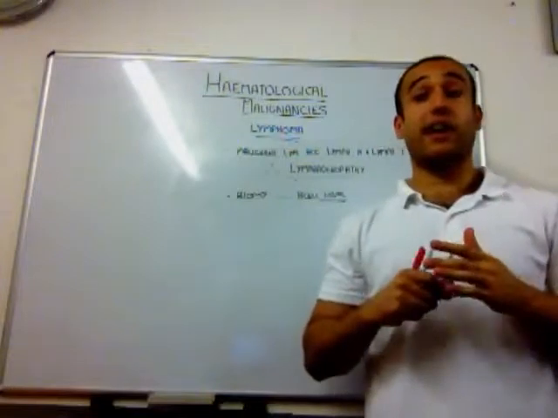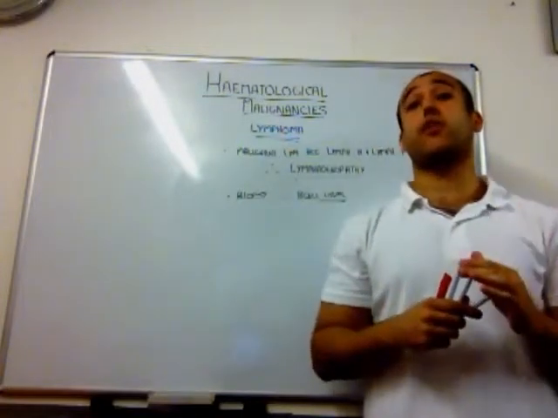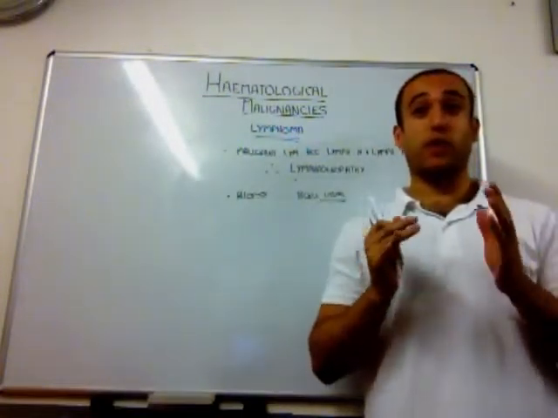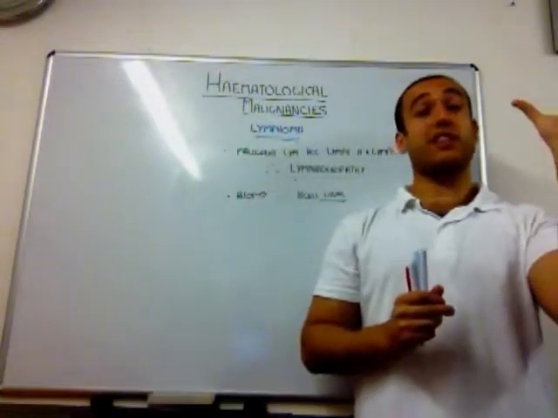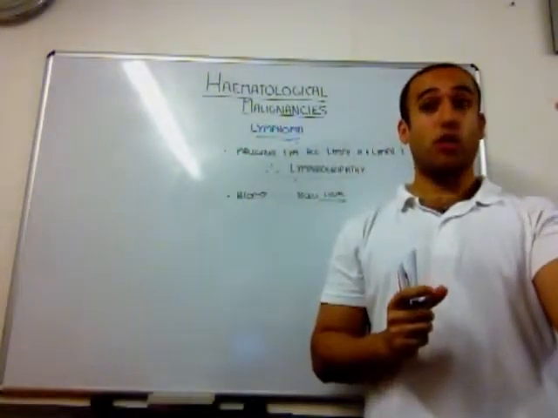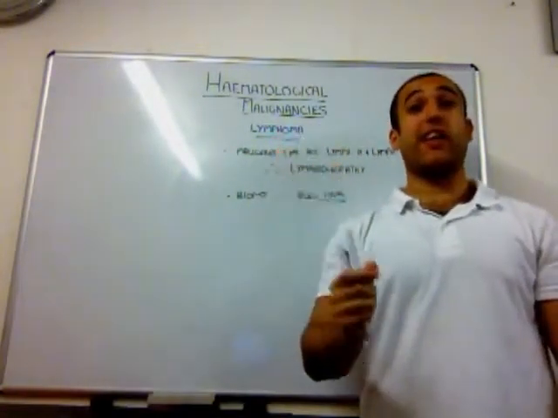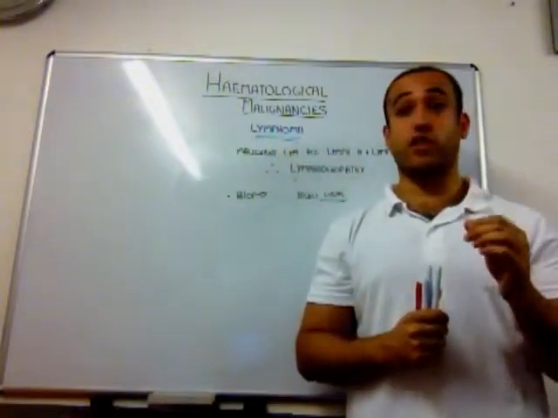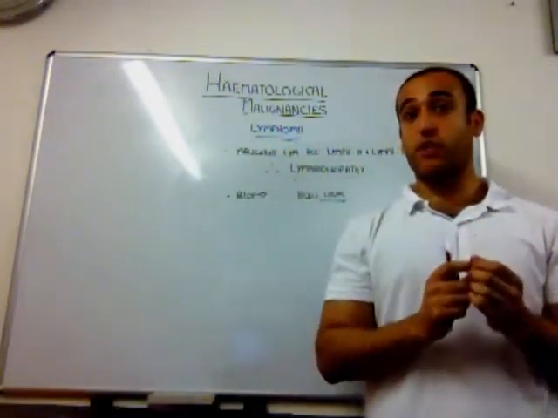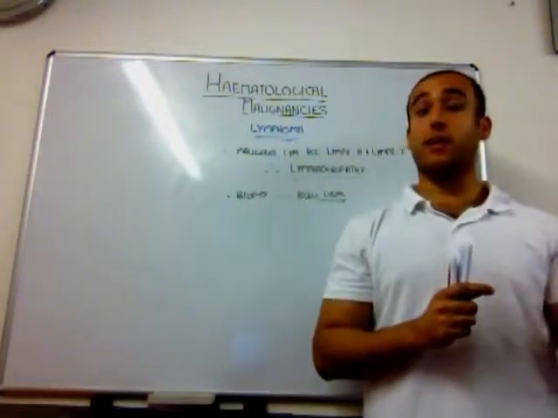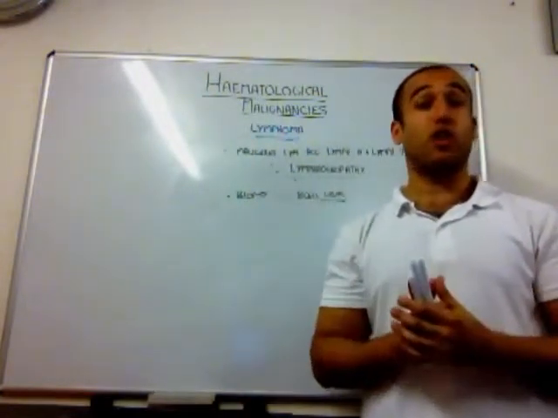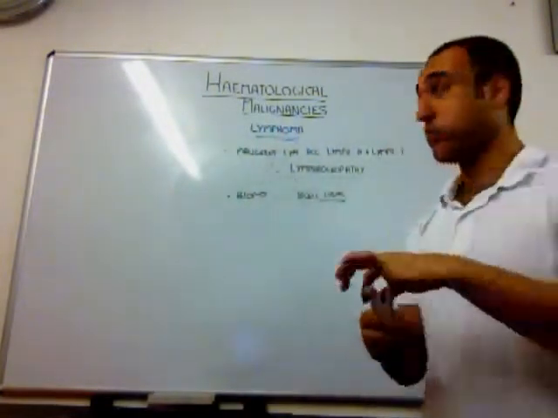Now, when we classify the lymphoma, especially the non-Hodgkin's lymphoma, there's a specific way we can do this. We can say something is a low-grade tumor or a high-grade tumor. Okay, and this depends on the proliferation rate. If it's high, it's going to be a high-grade tumor. If it's low, it's going to be a low-grade tumor.